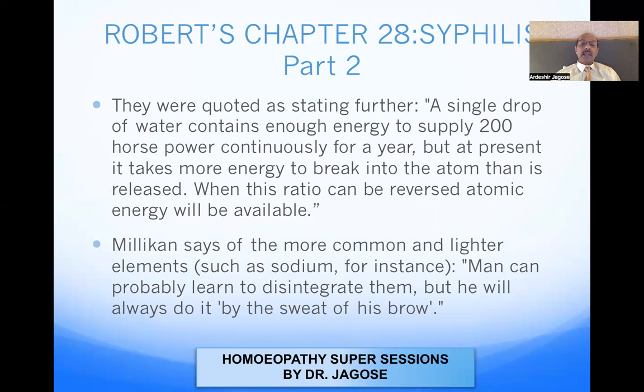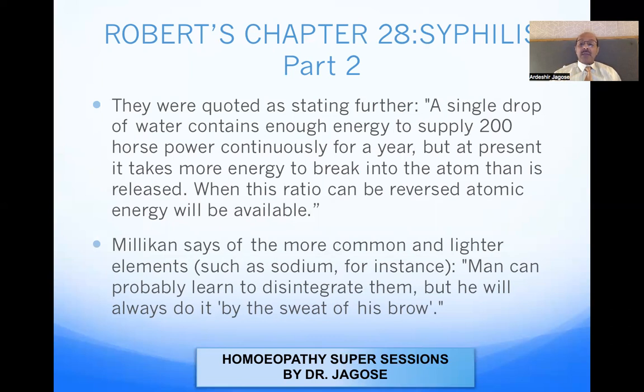But at present, it takes more energy to break into the atom than is released. When this ratio can be reversed, atomic energy will be available.